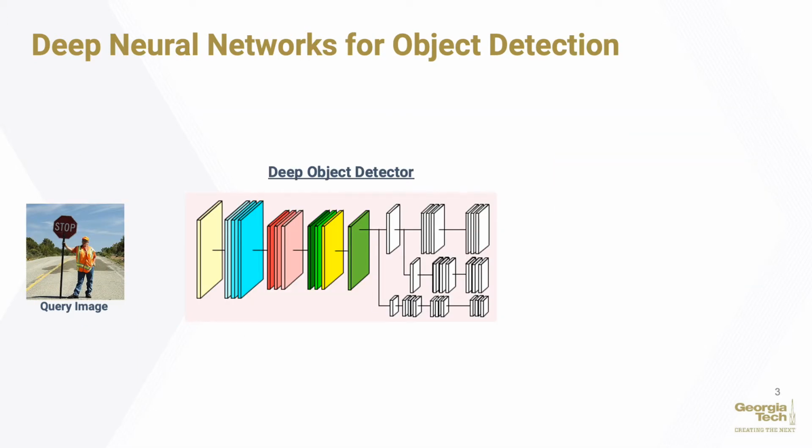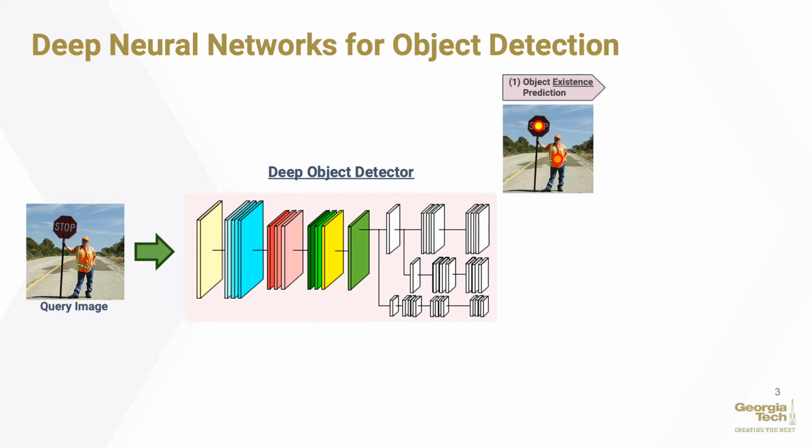To understand how object detection works, let's look at an example with a person holding a stop sign, which is a typical driving scene. To detect the objects on this image, it will be sent to the input layer of the neural network trained to be an object detector and undergone the forward propagation. The object detector will carry out three tasks.